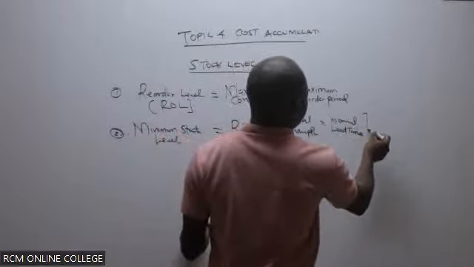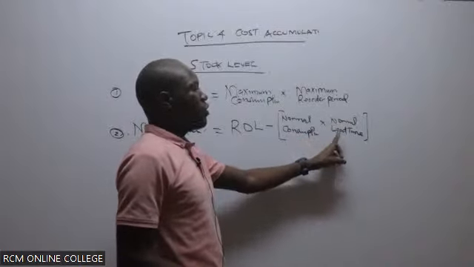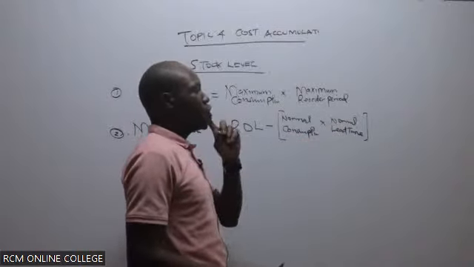If normal consumption is not given, or normal lead time is not given, what do you need to do?